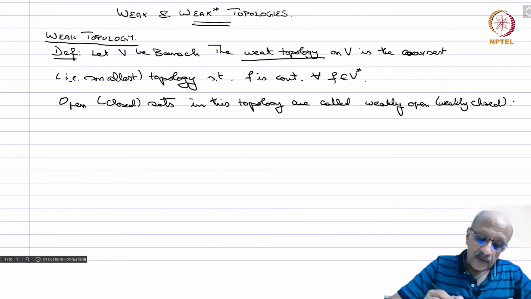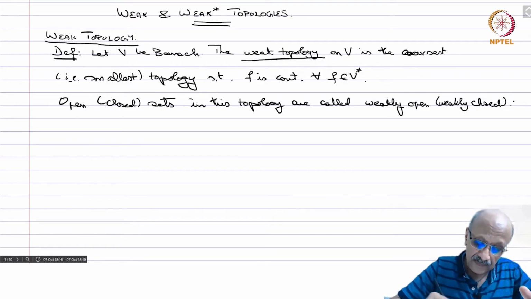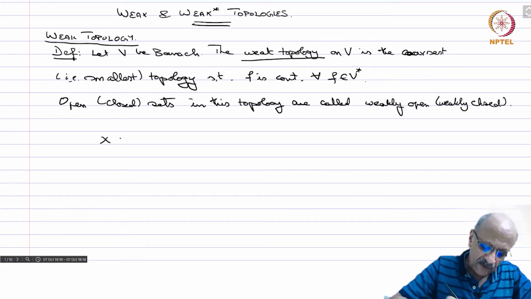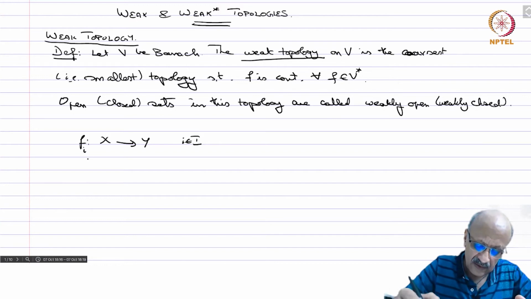Okay, so how do you construct such a topology? This is well known in topology: given a set X and a set of mappings f_i from X to a topological space Y, with i in some indexing set I, what is the smallest topology such that all these f_i are continuous?